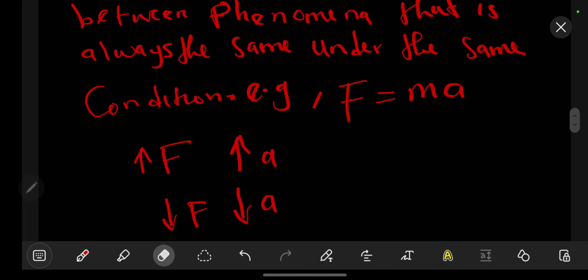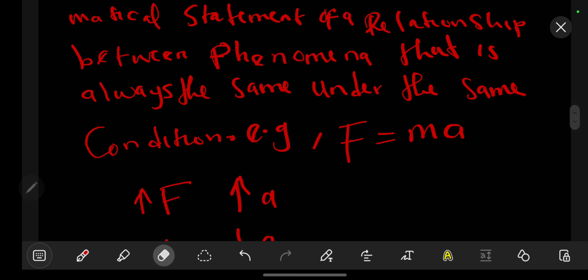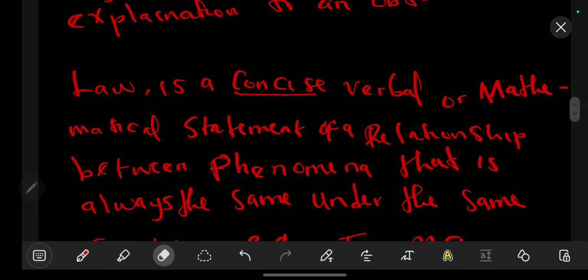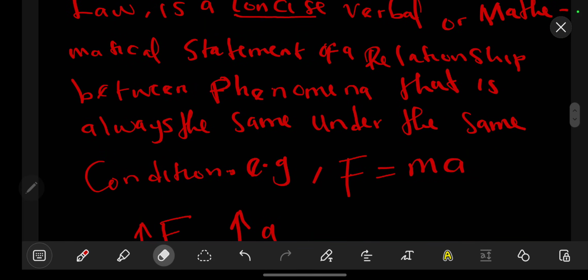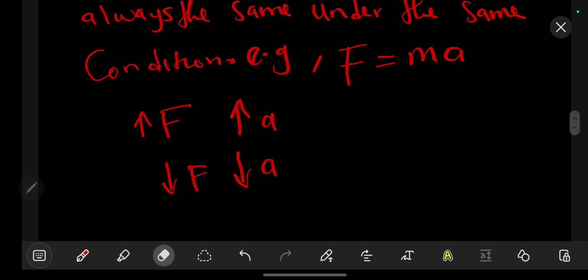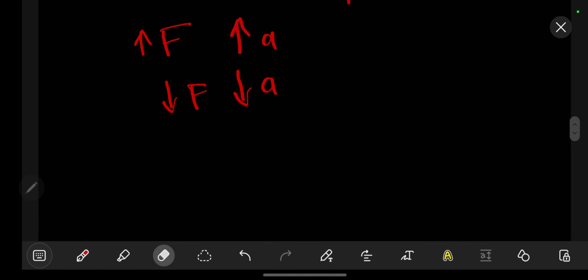If we reduce the force, the acceleration also reduces. So that is basically what a law is. A law just describes what is happening: an increase in force will result in an increase in acceleration. We are going to understand the difference between a law and a theory.